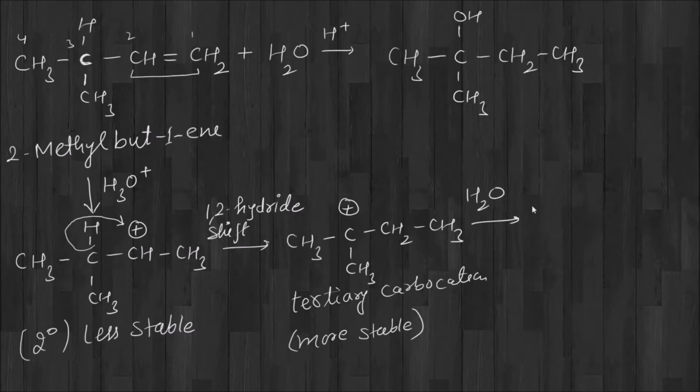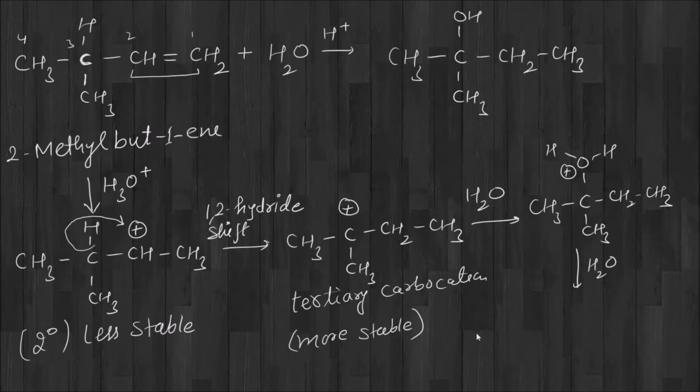Then there is an addition of water, a nucleophilic attack of water, leading to the formation of protonated alcohol, and then deprotonation takes place and we get the desired product.